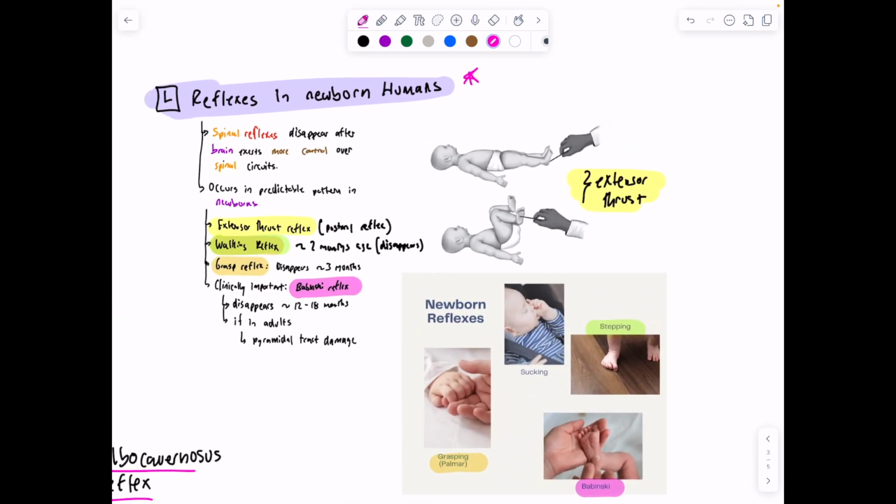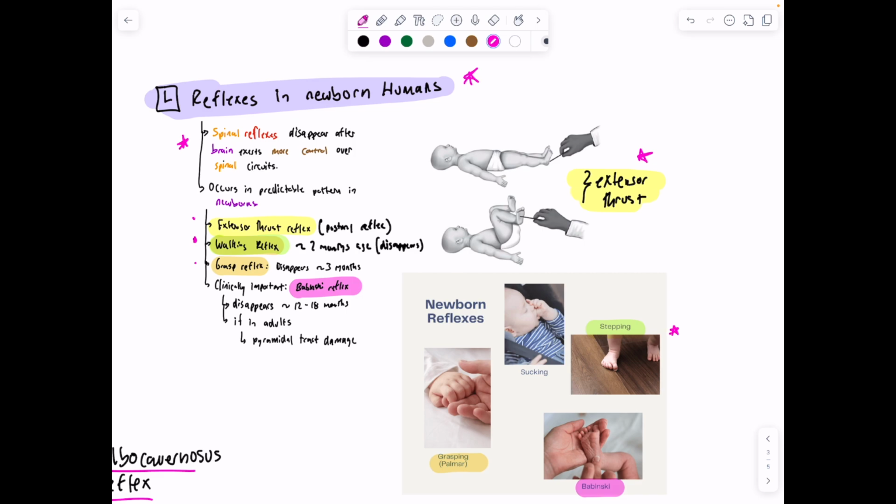All right, so then reflexes in babies. Basically, we have some spinal cord reflexes that disappear after the brain exerts more control over the spinal circuits. And there's a predictable pattern in newborns. We were told about these three. So there's the extensor thrust reflex, which is supposed to be sort of a postural reflex. We have the walking reflex, which disappears about 2 years of age.